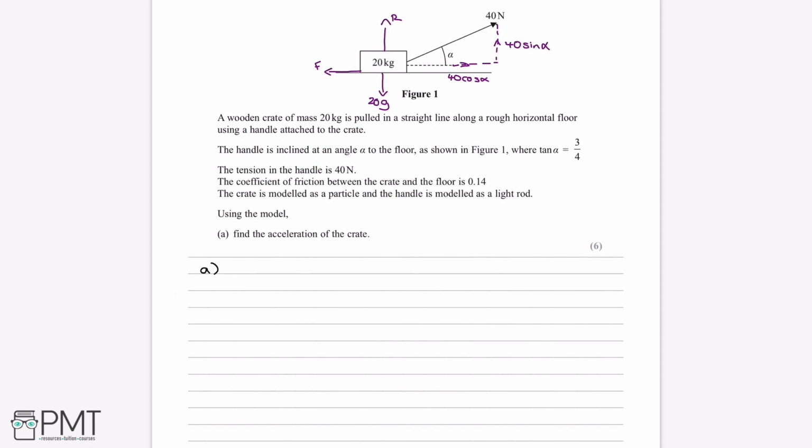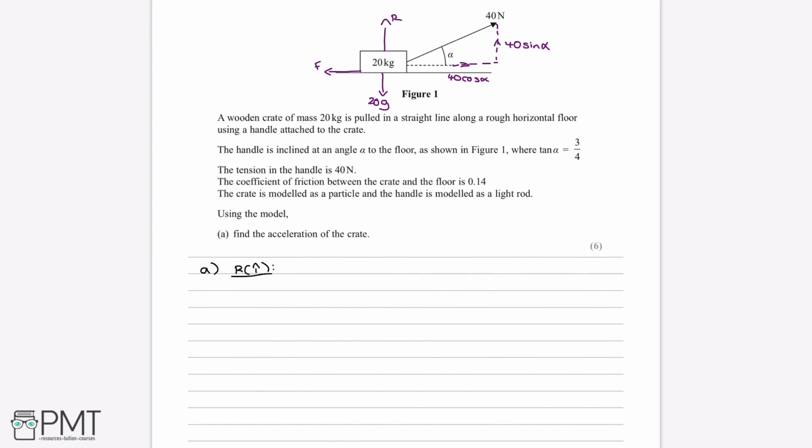So now that we've got all of this information a bit easier to visualize on our diagram, we can start to try and find out some of these values. The first value that we don't know is this reaction force, R. If we want to find this, we resolve in the direction that R acts, which is vertically upwards.